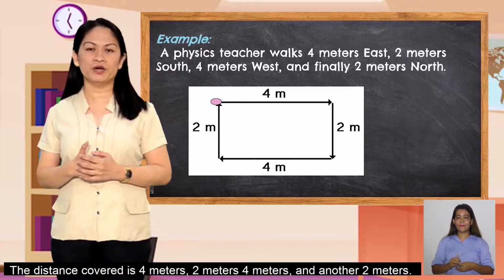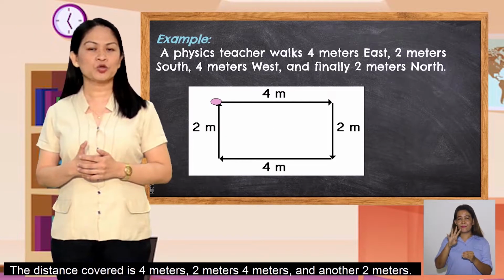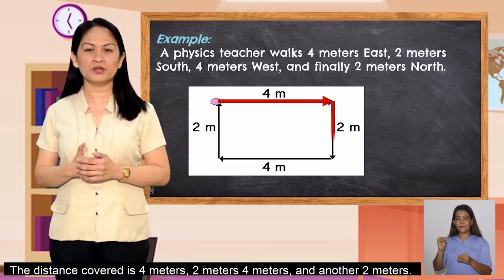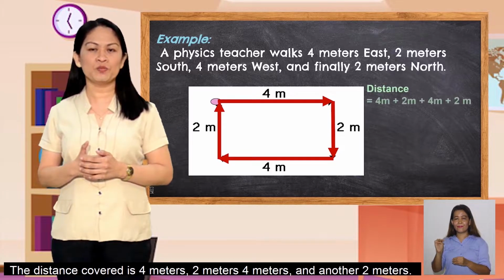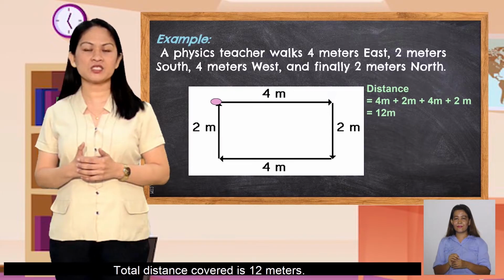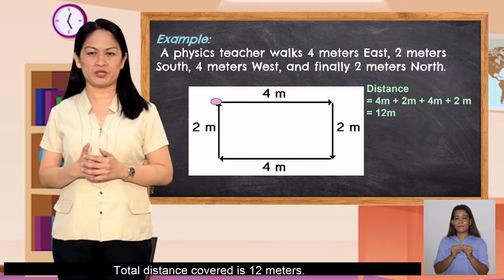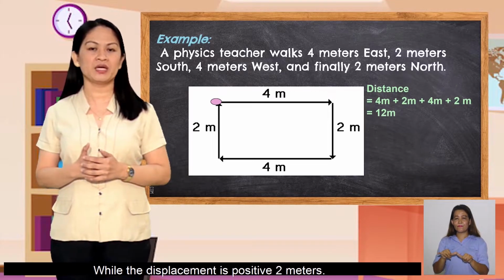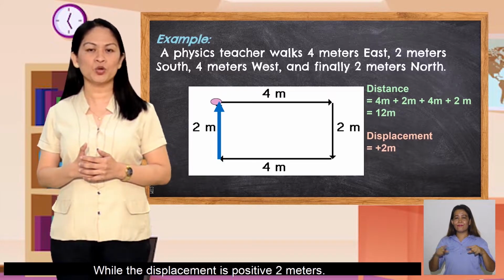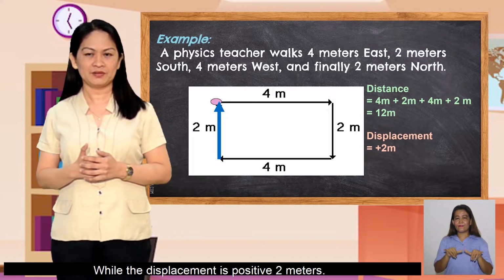The distance covered is 4 meters, 2 meters, 4 meters, and another 2 meters. Total distance covered is 12 meters, while the displacement is positive 2 meters.